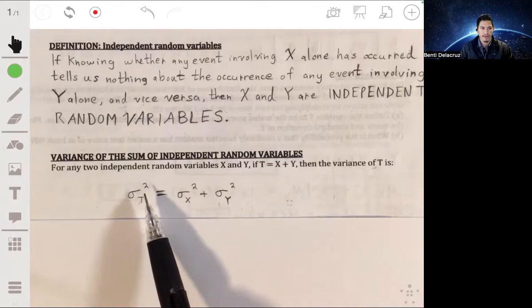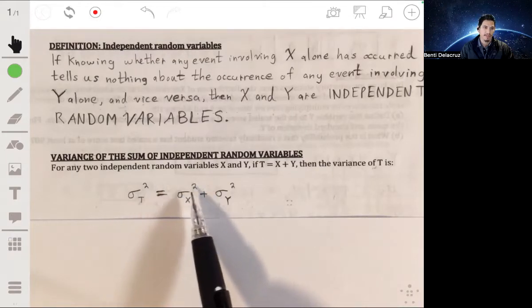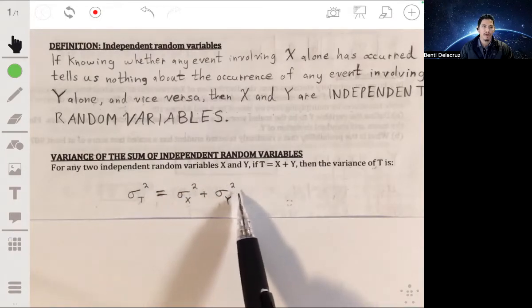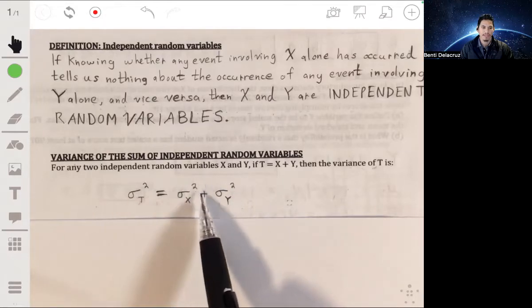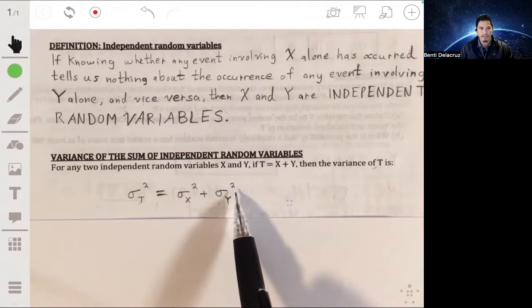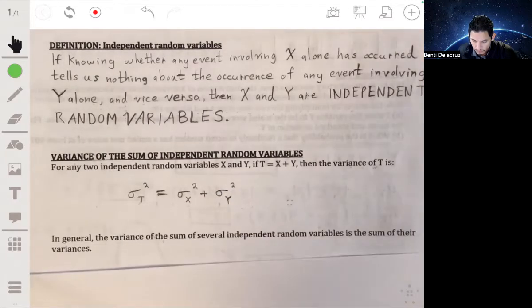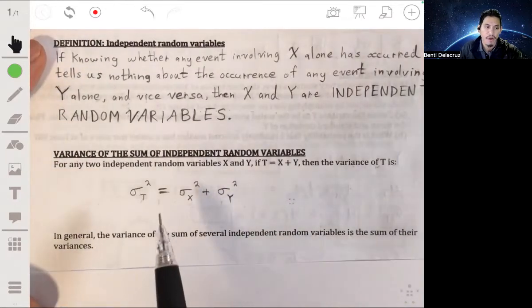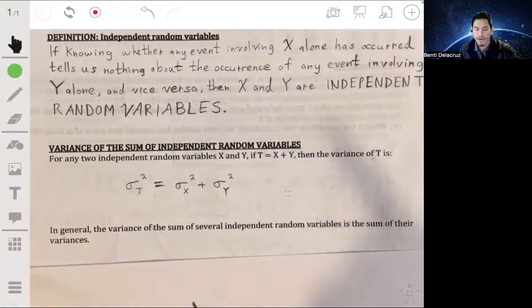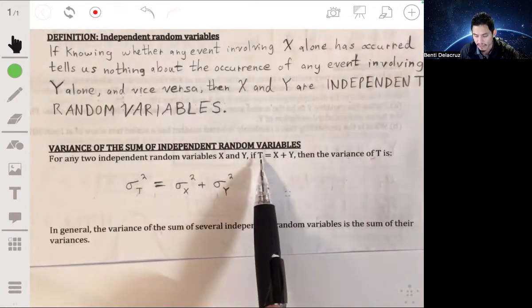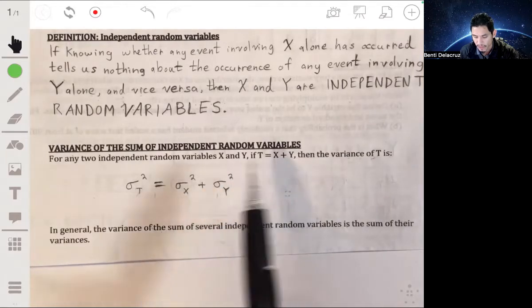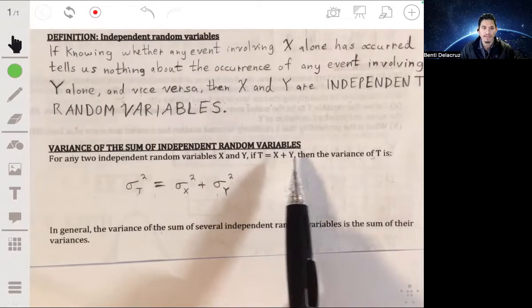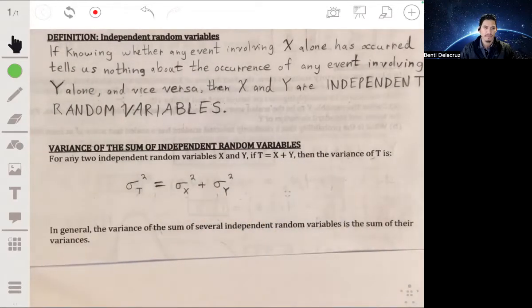So the standard deviation squared of t is equal to the standard deviation squared of x plus the standard deviation squared of y. So sigma sub t squared equals sigma sub x squared plus sigma sub y squared. And in general, you can apply this to more variables: if t equals x plus y plus z, the variance of t will be the variance of x plus the variance of y plus the variance of z, and so forth.